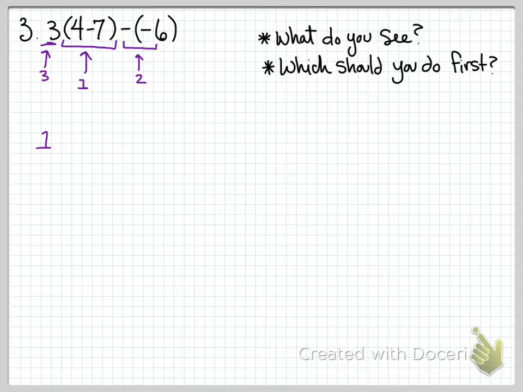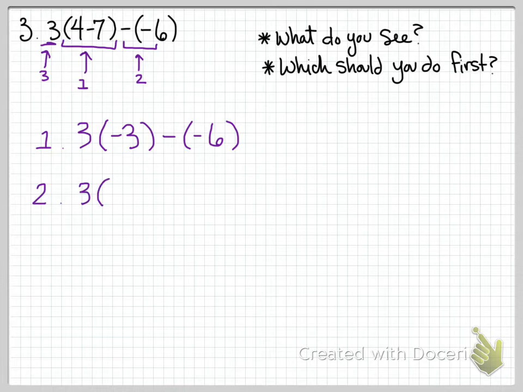So first, nothing happens with the 3. 4 minus 7 is negative 3. And nothing happens here. Next, we'll leave the 3 and the negative 3 alone, and we'll deal with the negative 6.